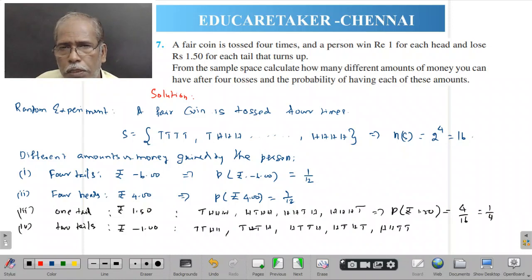This is the fifth possibility. There should be one more possibility: THHT.